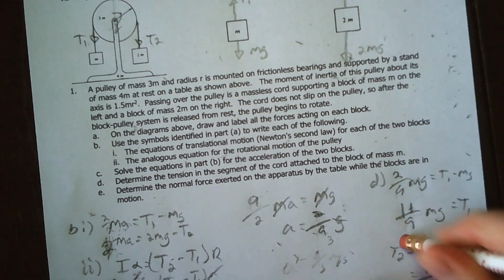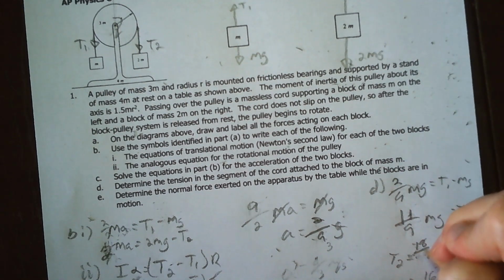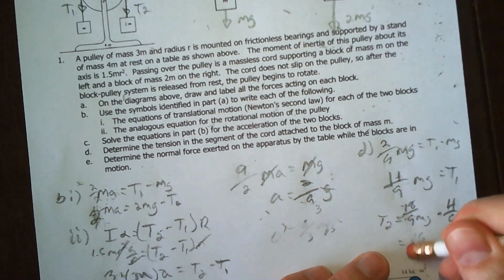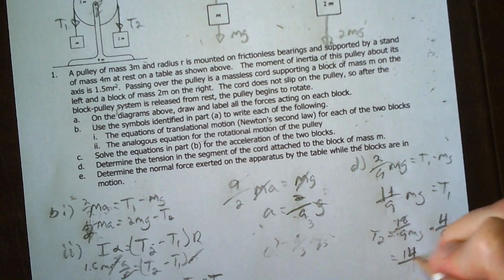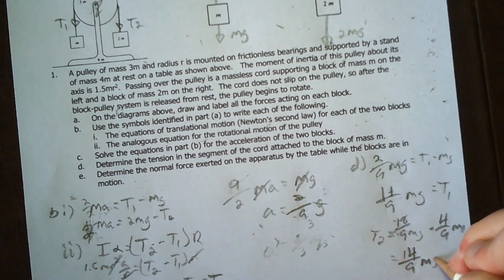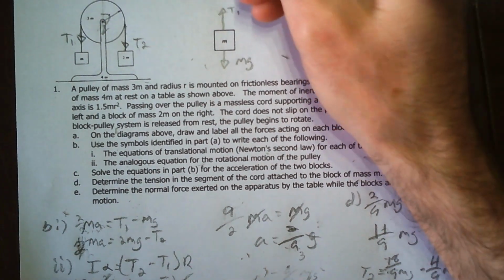All right, 9, so it's 18/9. All right, so 18 minus 4 would be 14. 14/9 mg. Yes, that sounds better because T2 now is bigger than T1.